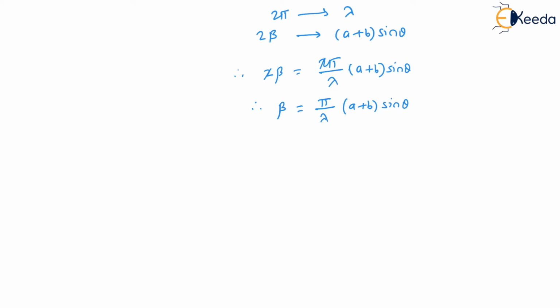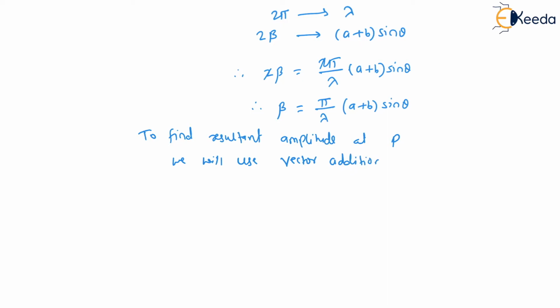So here, to find the resultant amplitude at P, we will use the vector addition method.